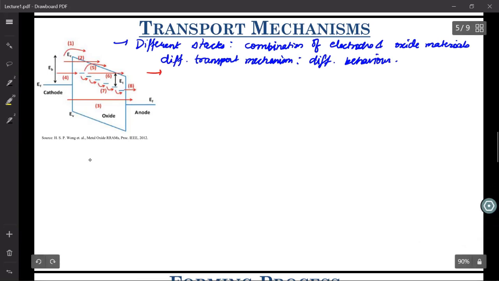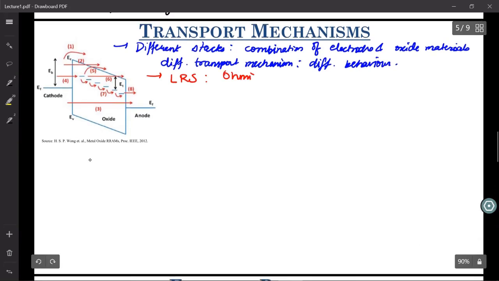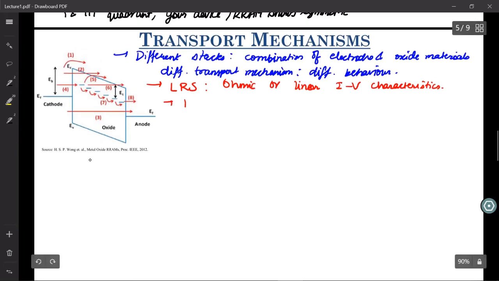However, people know that the LRS can be modeled as a simple ohmic or linear IV. In most of these stacks, your LRS shows ohmic or linear IV characteristics. While the LRS is simplistic in terms of IV characteristics, the HRS IV behavior is actually complex.